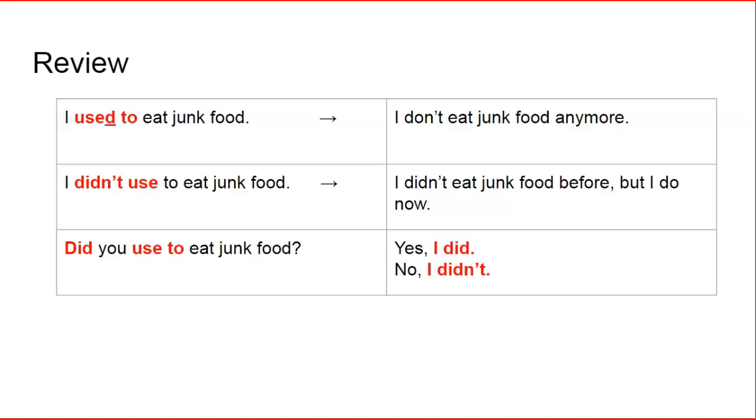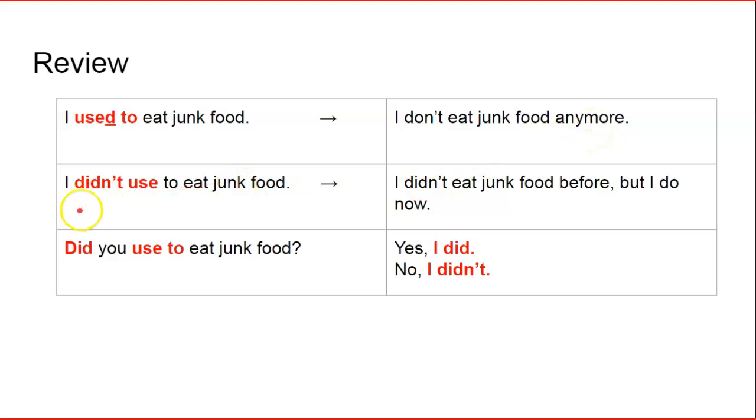Yeah, you got it. I used to eat a lot of junk food. Now, if I say that, do I eat a lot of junk food now? No, right. I don't. So when I say that, it's referring to my past, not my present. So when I say I used to eat junk food, it's the same as saying I don't eat junk food anymore. It's just something I did in the past.